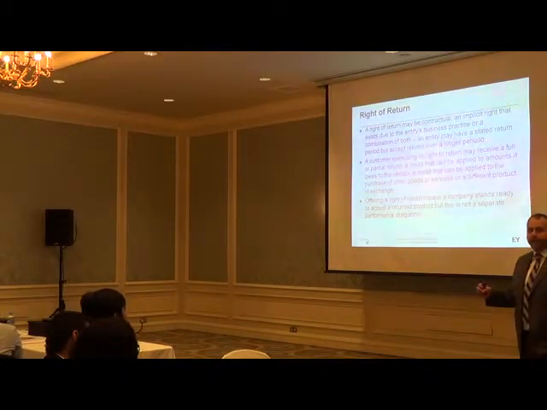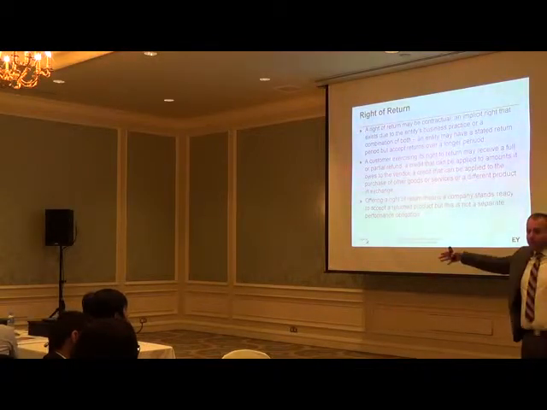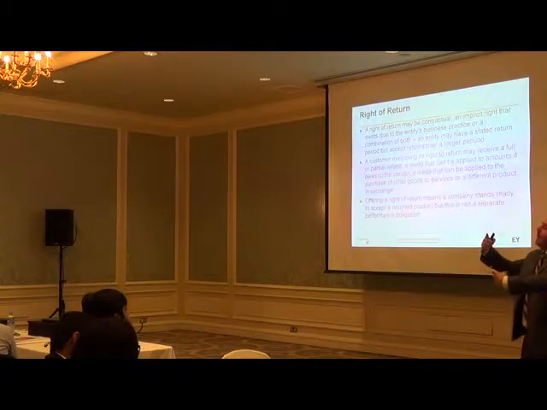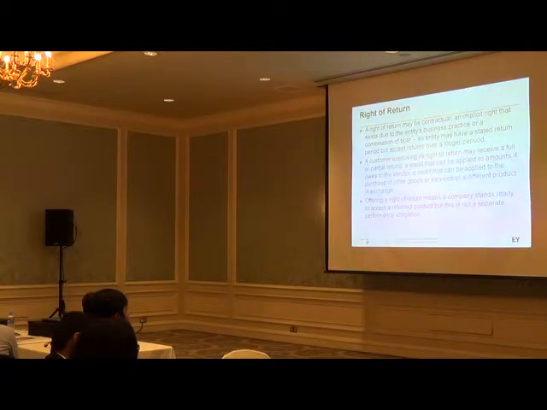Then I have a contractual one and an implied one, and I have to take the longer, the bigger one. The customer exercising its right to return may receive a full or partial refund, a credit that can be applied to amounts it owes to the vendor, a credit that can be applied to the purchase of other goods or services, or a different product in exchange.